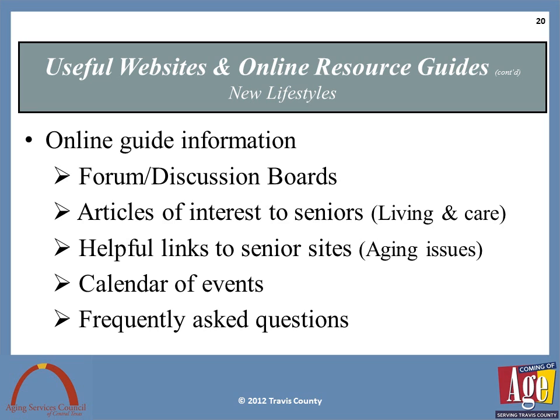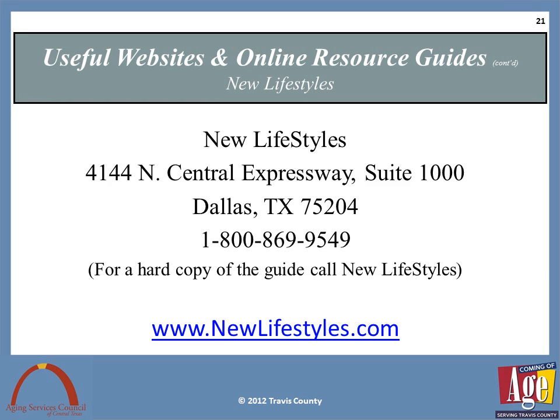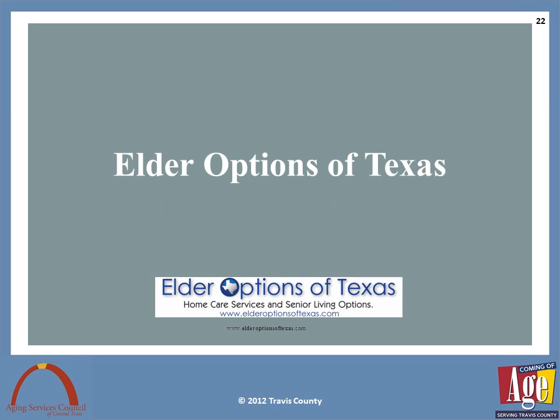This gets at the for-profit business aspect of this particular publication. There's also a calendar of events, and then frequently asked questions such as low-income housing for older adults. Here is their address. You notice it's in Dallas, but they do have a toll-free number because they also make information available for Austin and San Antonio, so you can feel comfortable calling them in Dallas. And then here is the website address. Okay, so that's New Lifestyles.